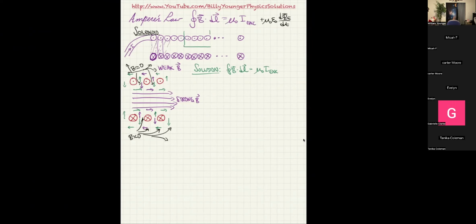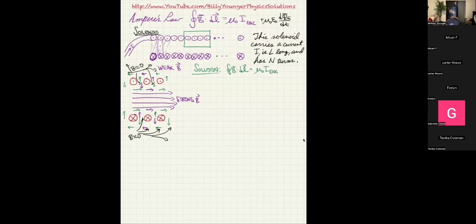Okay, so we don't really know how many wires are in there, but what I'm going to say is this solenoid carries a current I, is L long, and has N turns.